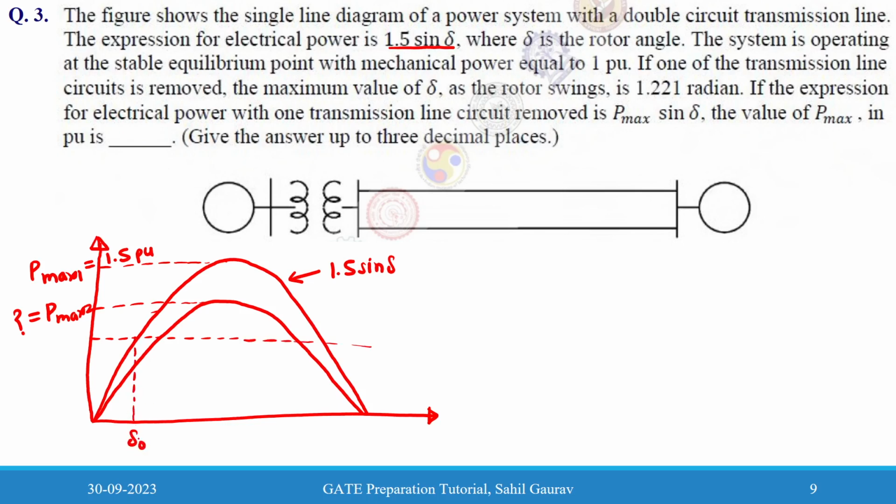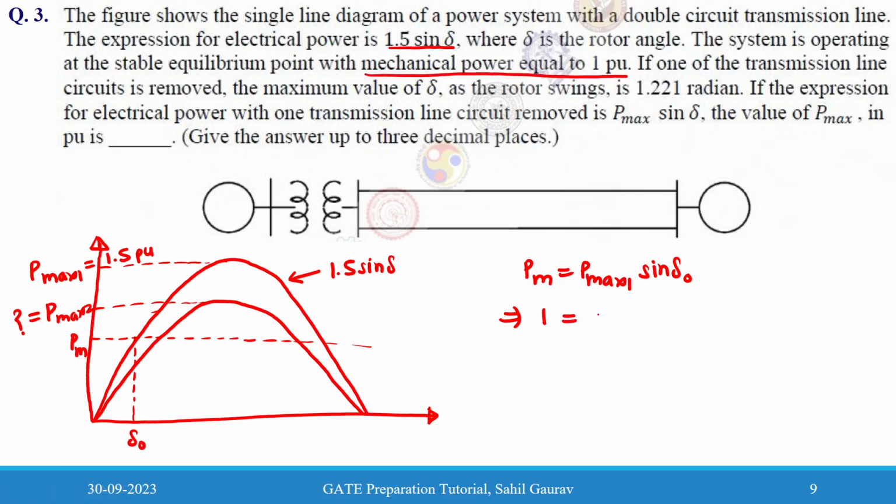When both the lines are present, the system is running at this rotor angle. We have to find this initial rotor angle also. So we can write Pm is equal to P max 1 sine delta naught, and Pm is equal to 1 per unit, where it is given that mechanical power equals 1 per unit.